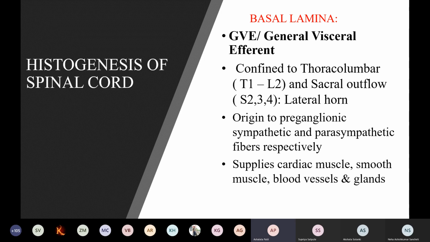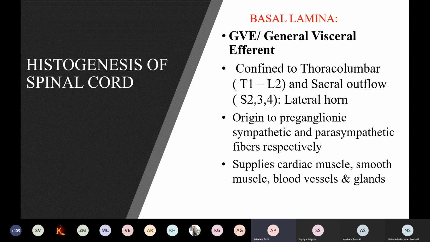And cranio means there are some cranial nerves which have general visceral efferent fibers, with nuclei whose axons constitute the preganglionic parasympathetic fibers that we will see in the cranial nerves. So this is one more functional component located only in the lateral horn: from T1 to L2, preganglionic sympathetic fibers; S2, S3, S4, preganglionic parasympathetic fibers.